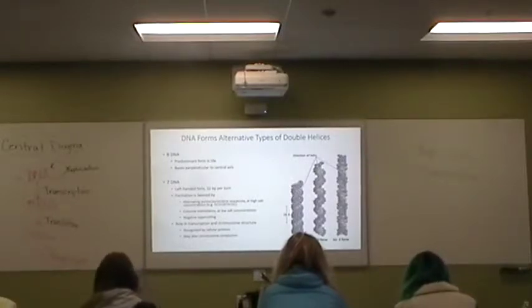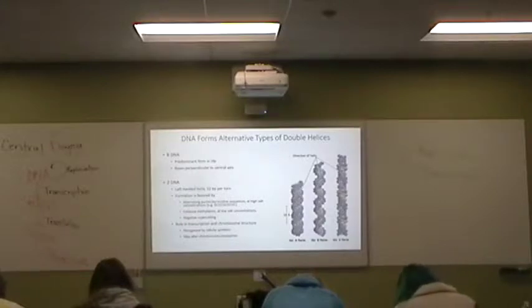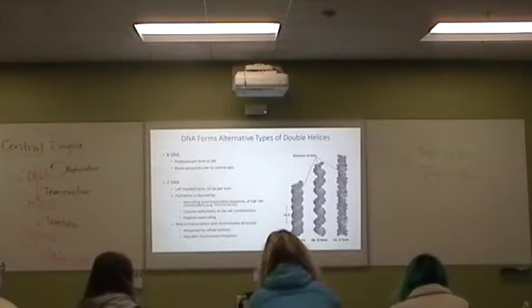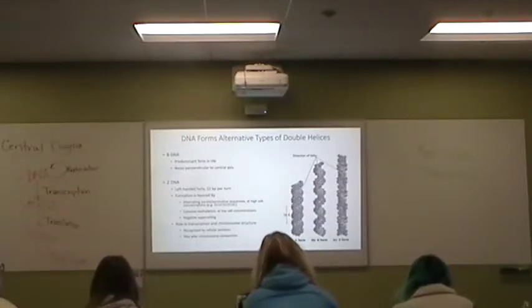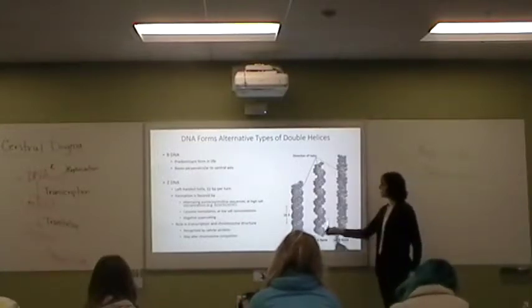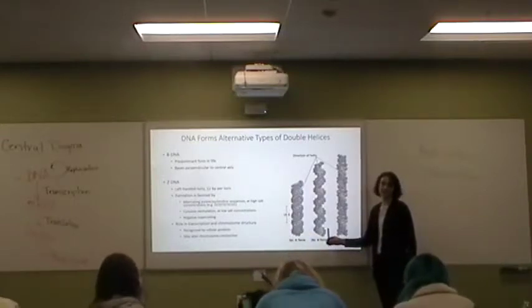Okay, so there are other forms of DNA. I'm not really going to talk about A-form DNA. I don't think that it ever really exists, as far as I know. If it does, it's very, very rare. Z-form DNA is very similar to B-form DNA, except that this is a left-handed helix.